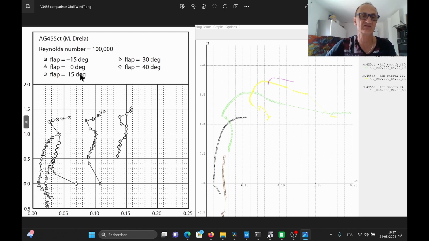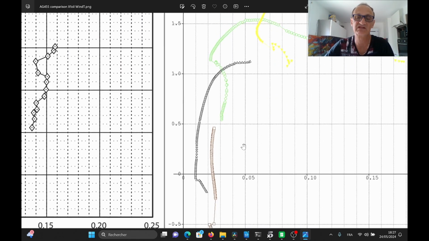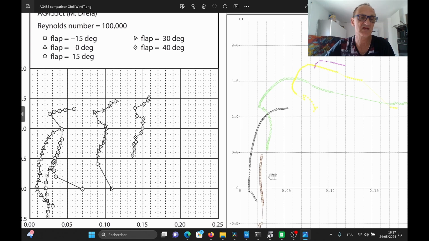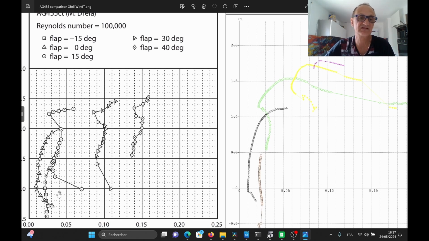Another interesting thing is the flap at minus 15 degrees. This is here in brown in the Xfoil graph on the right. And if we look carefully, we can see that Xfoil is quite good at predicting the behavior of the profile with a flap of -15.